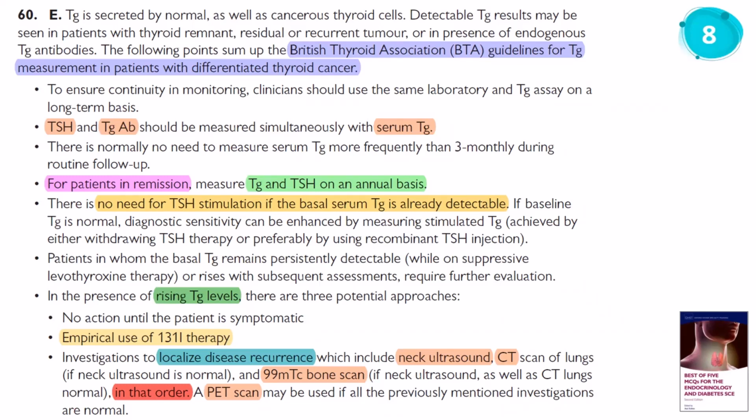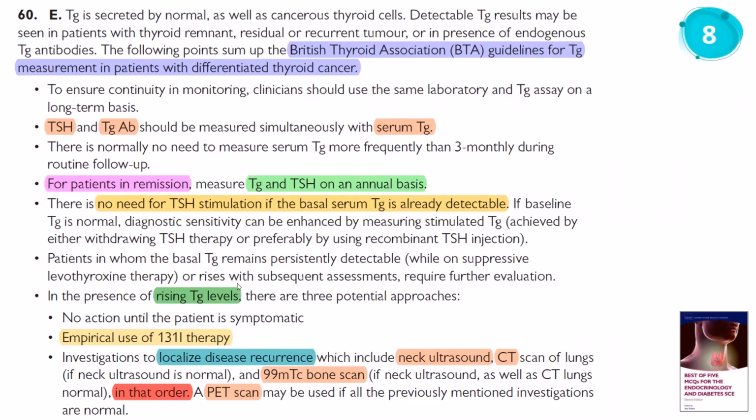TSH and TG antibody should be measured simultaneously with the serum TG. For patients in remission, please measure TG and TSH on an annual basis. No need for TSH stimulation if the basal serum TG is already detectable. But if TG is not detectable, in this situation we can stimulate TG.